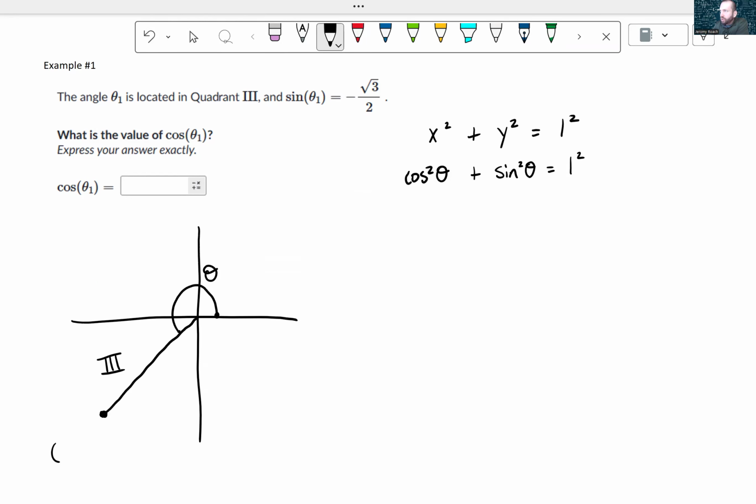And we know that our coordinate is x, comma, negative root 3 over 2. That's what our coordinate is of this point. Now if we draw our triangle, we know our radius is 1. We know that from here to here is negative root 3 over 2.